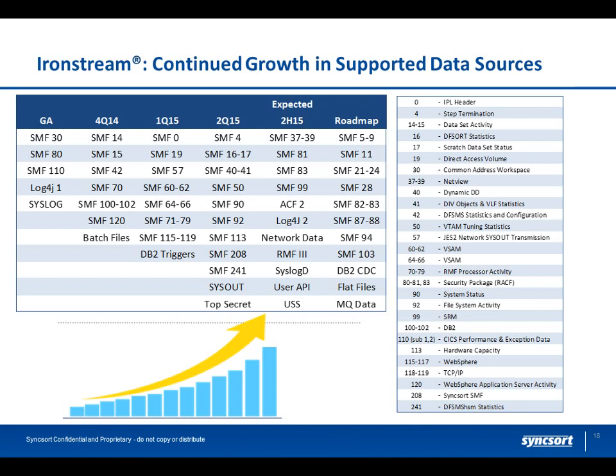Does Ironstream have a store and forward capability in case the connection to Splunk is down or interrupted? Yes, so that question is related to the high availability question that came up earlier. The answer today is no. I'll back up. We have some of that today, but it's limited.